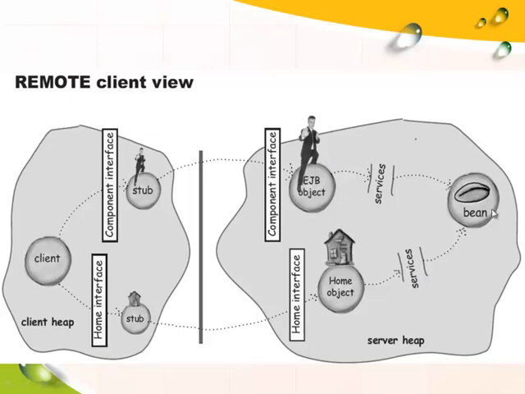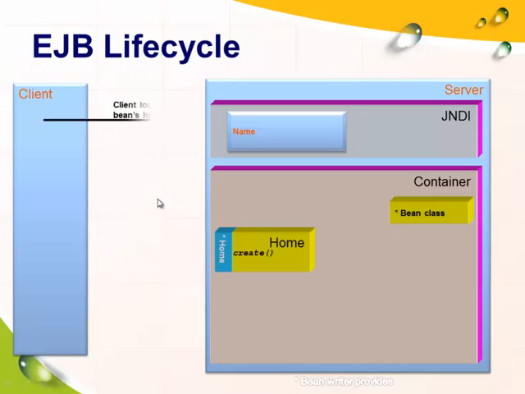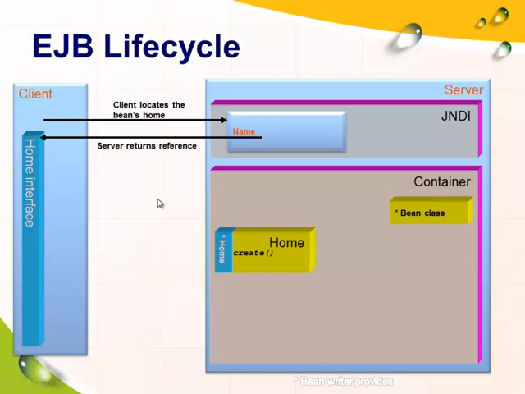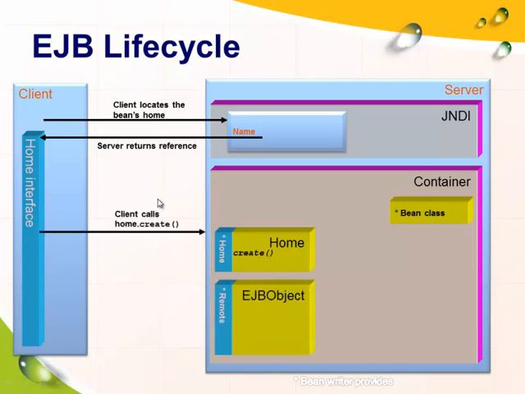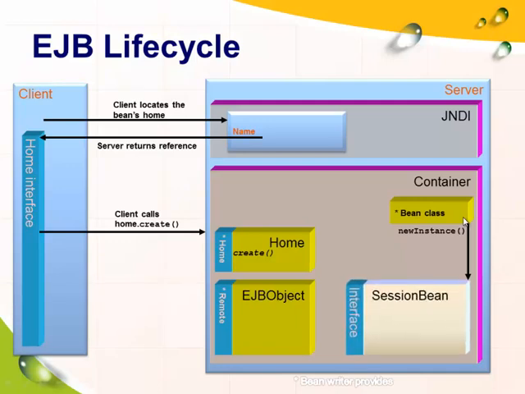It creates the instance of this bean, and then it has to supply this stuff, and that is what it's going to do now. So you got the home interface, you call a create on that. The create will create that bodyguard, then it will instantiate the bean. There is a bean class, it creates an object. Okay, let's say it creates a session bean. That's not the end of it.